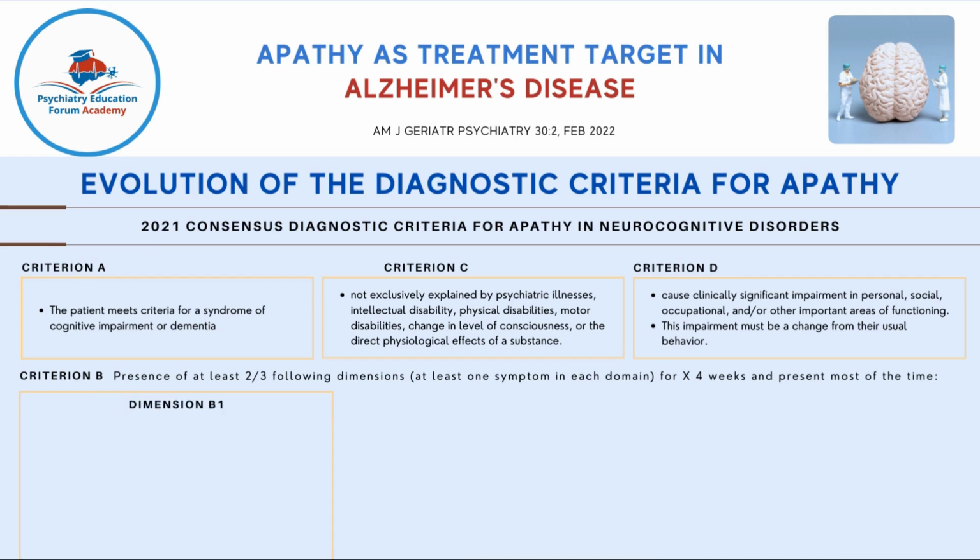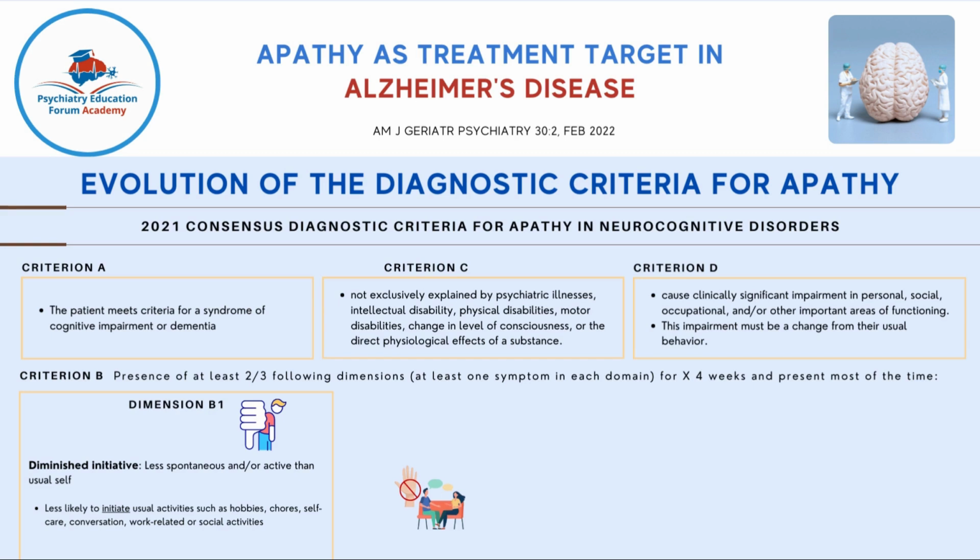So let's go with dimension B1. This is more focused on diminished initiative. They have actually given examples here. The person is less spontaneous and or active than usual, like they are less likely to initiate usual activities like hobbies, chores, self-care, conversation, work related or social activities. So the initiative is affected here.